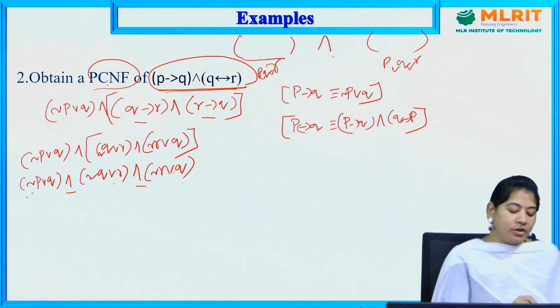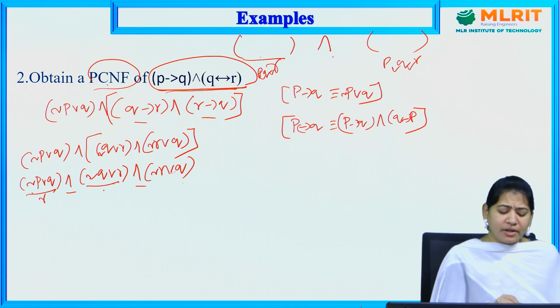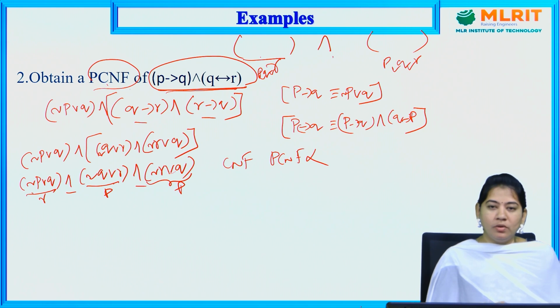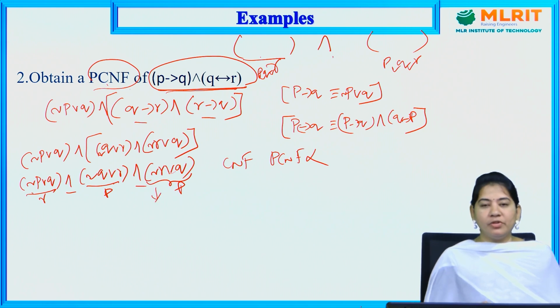But here I have only P and Q, means R is missing. Here P is missing and here also P is missing. Then these are not max terms, but we can consider them elementary sums. So this is the CNF but not PCNF. So still you need to solve it to get into the form of the PCNF.